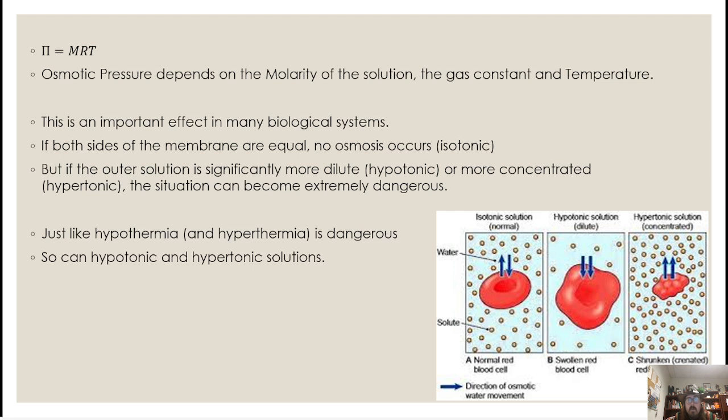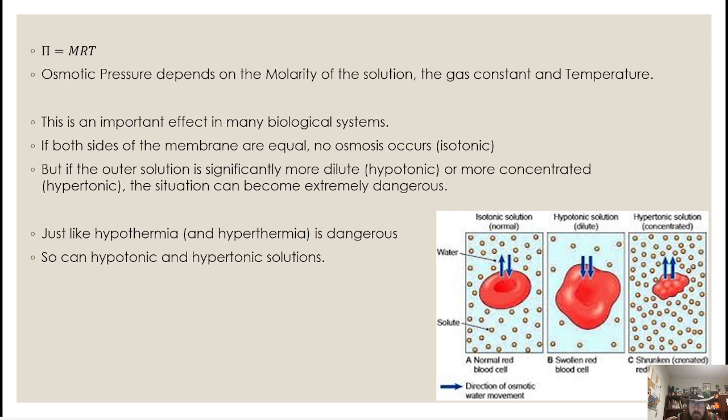Now, this is an important effect in many biological systems. If both sides of the membrane are equal, no osmosis will occur. This is an isotonic solution. But if the outer solution is significantly more dilute, that means the inner solution is more concentrated.